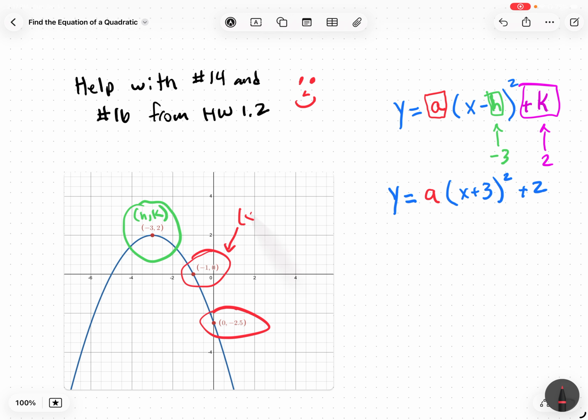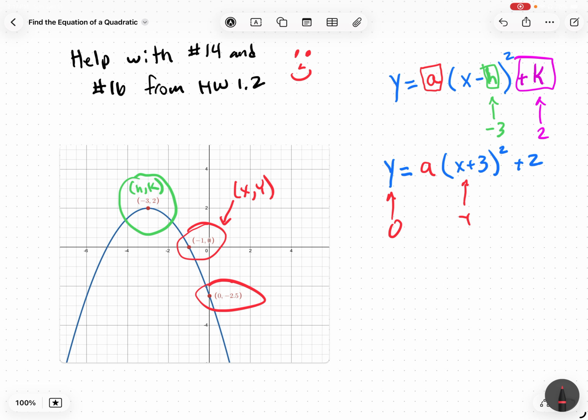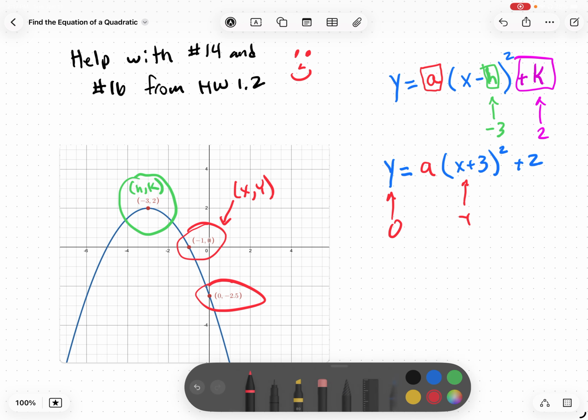The -1 is going to be filled in for my x, and the 0 is going to be filled in for my y. So I'm going to stick a 0 here and a -1 here, and I'm going to rewrite that equation and then solve it for the letter a. So that'll be my last blank I need to fill in.